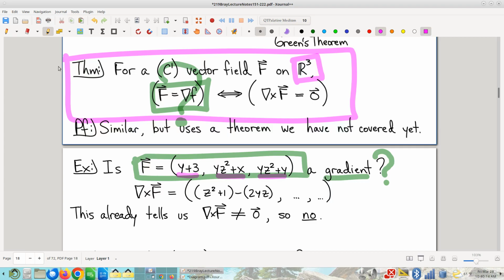How do I decide? Well, it says right here, I need to compute the curl. All right, so we're going to compute the curl. My goal will be to ask whether that curl is or isn't 0. The reason I'm computing the curl is because I want to determine is it or is it not the 0 vector.